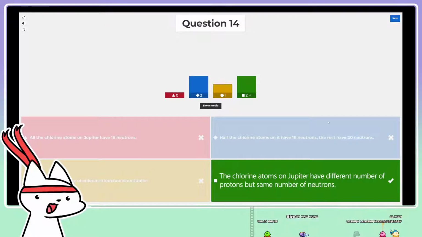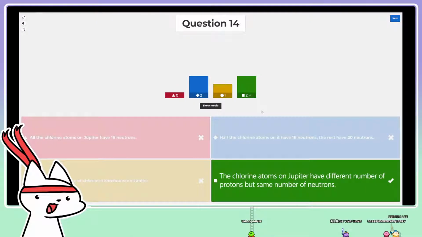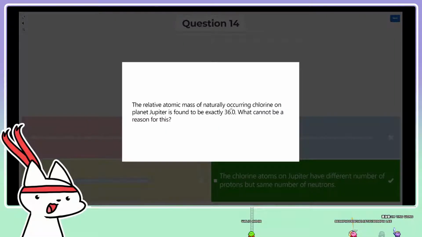If you calculate the average, the average is 36. It's possible. And of course, the third one is that there's only one type of chlorine atom found, and that type is considered to be 36, which means 17 protons and 19 neutrons.